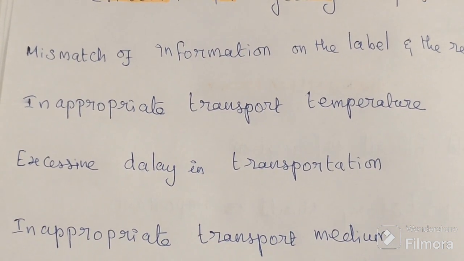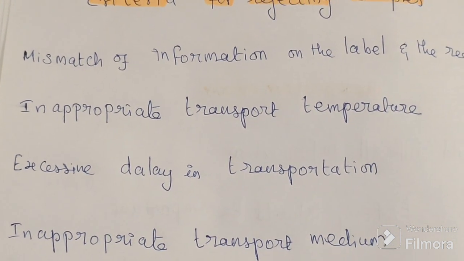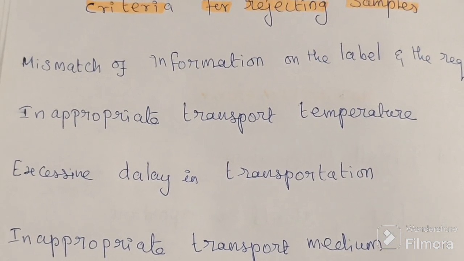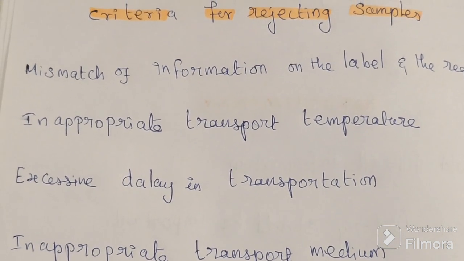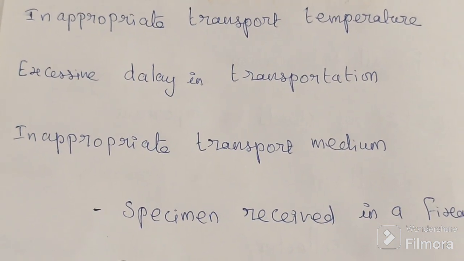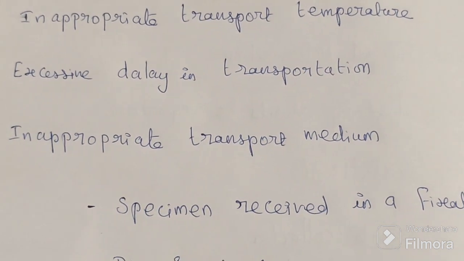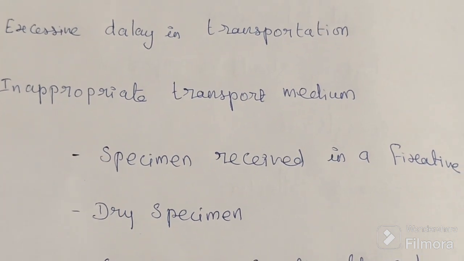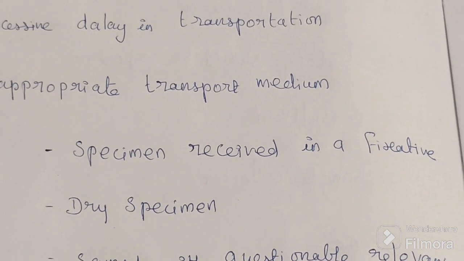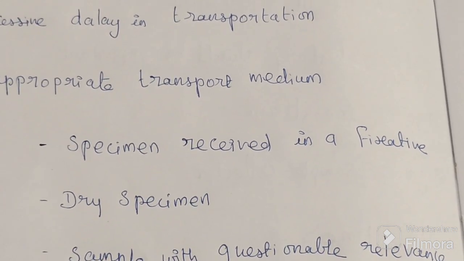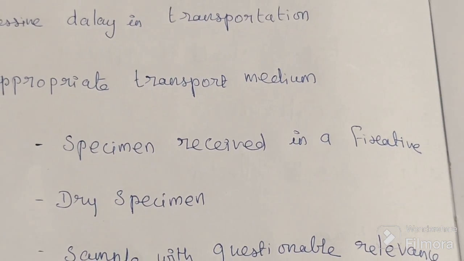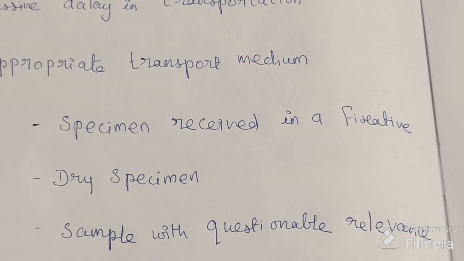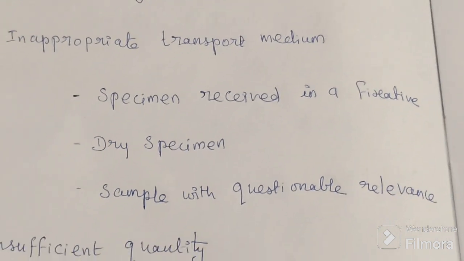Then excessive delay in transport. Within 2 hours all the samples should be transported to the laboratory; excessive delay means we reject. Then inappropriate transport medium. During sample collection, the proper transport medium should be used. Reject specimens received in a fixative or dry specimens or samples with questionable relevance.